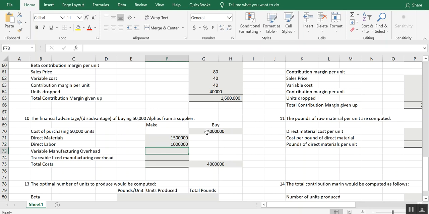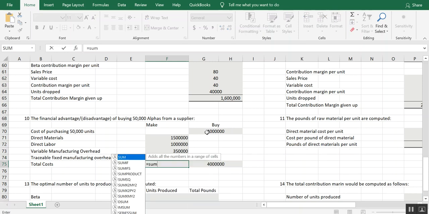And then the $7 per unit for variable manufacturing overhead times 50,000 units, we get 350,000. The traceable fixed manufacturing overhead is going to go in here as the entire capacity of the factory. So 1,600,000 is the traceable fixed manufacturing overhead because that's the factory at capacity.